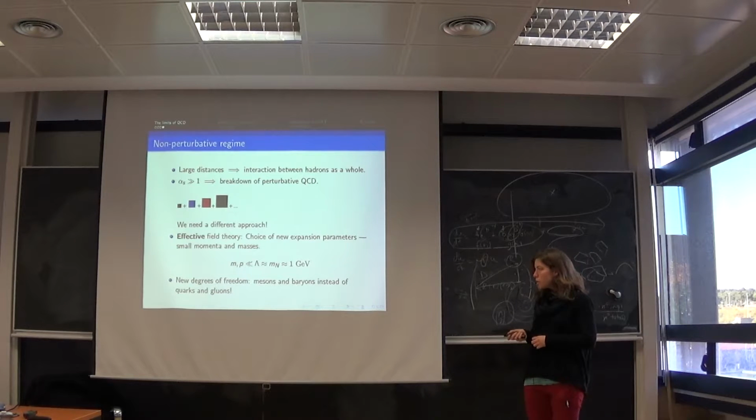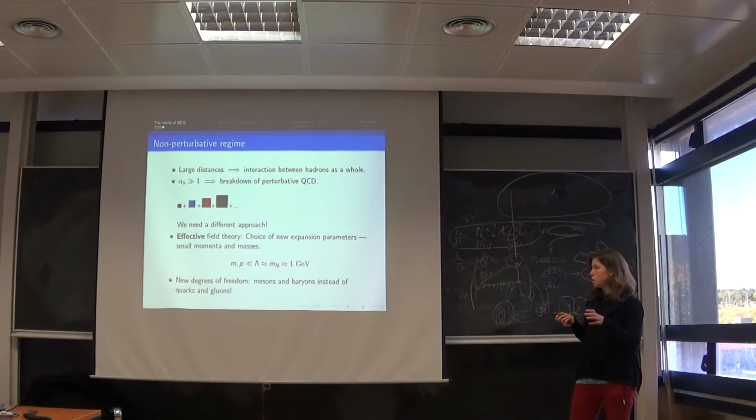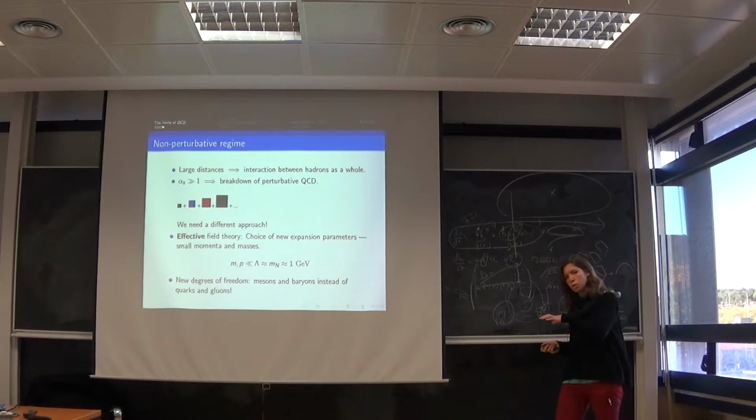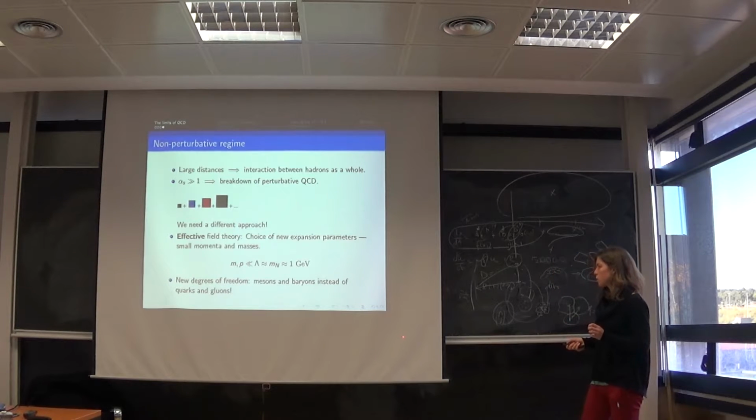The important thing here, and that's the main difference between using perturbative QCD and going to effective field theories, is that when using perturbative QCD, we're talking about quarks and gluons, so the things that happen inside of a nucleon, while in chiral perturbation theory, they're not the degrees of freedom anymore. We ignore that quarks and gluons exist.